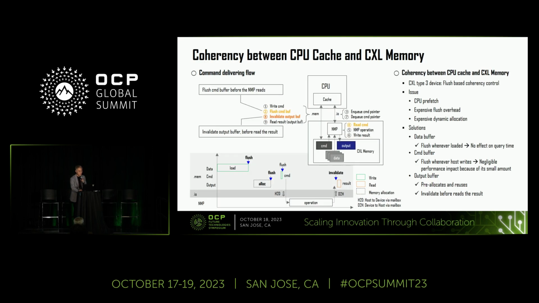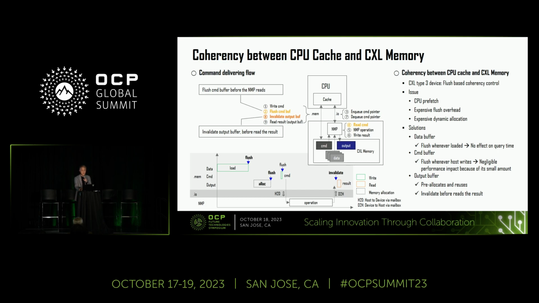Maybe all of you already know why coherency would be a problem. So let's talk about the right point to resolve the coherency problem for now. Since the device operates on CXL Type 3, which does not support hardware-based cache coherency, we should flush data and commands from the host cache to the CXL memory.